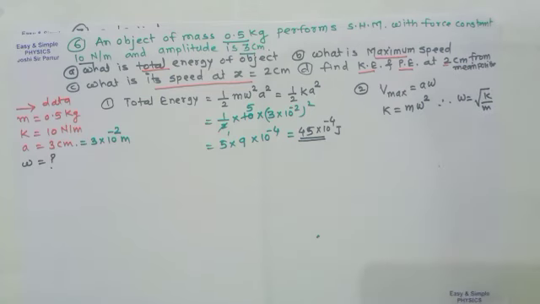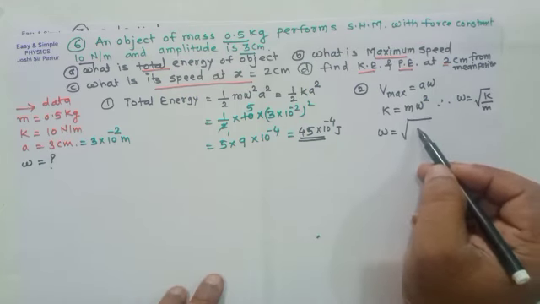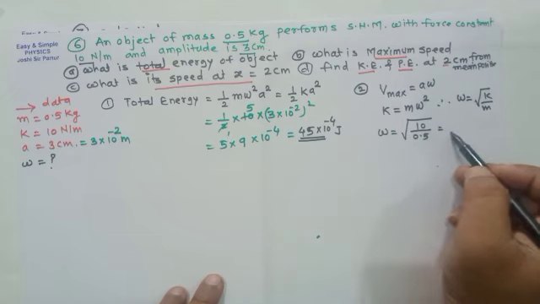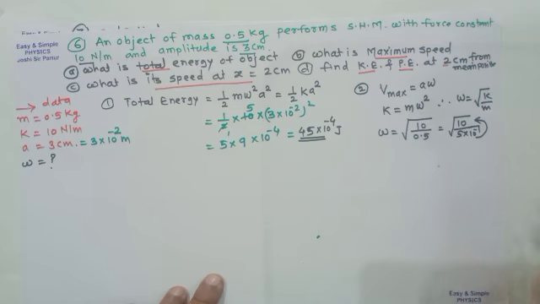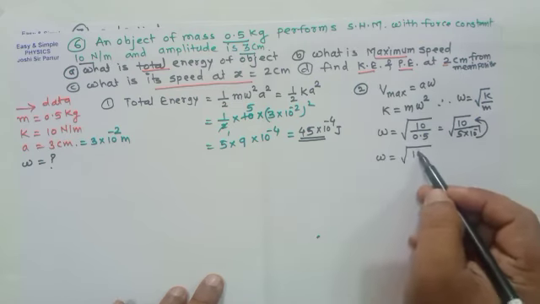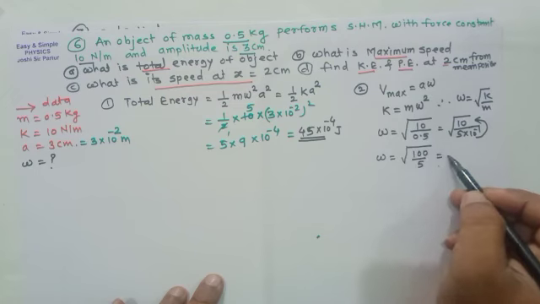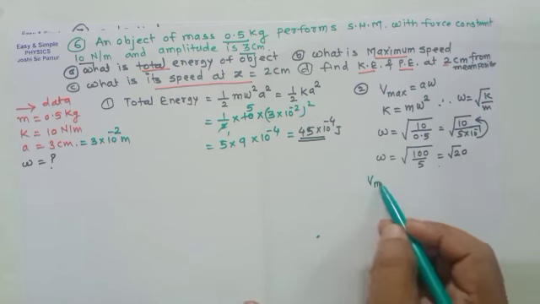By substituting the values, omega becomes square root of 10 upon 0.5, which is 10 upon 5 into 10 raised to minus 1. By shifting 10 raised to minus 1 to the numerator, it is square root of 100 upon 5, which will be square root of 20.